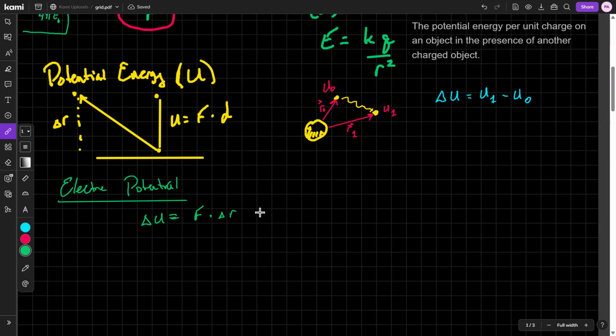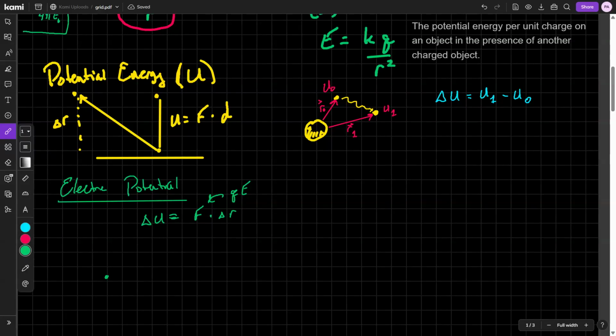Right, so it still equals the force times the change in distance from our other charged object, the field that it exists in. Okay, but remember, our force is Q times E for our electric field. Right? It's the charge of our object times the field that it's in times our change in distance in the field. All right, so that kind of looks like this.